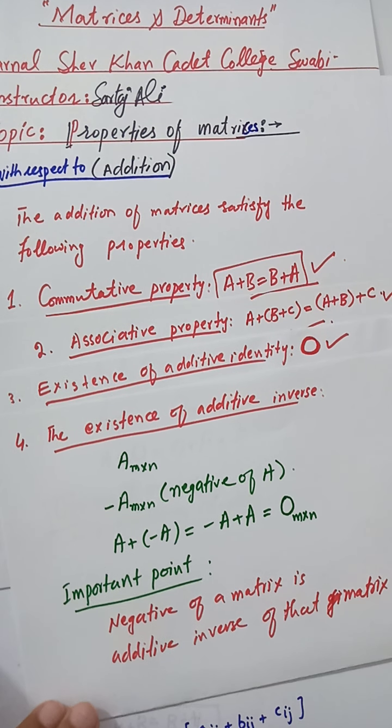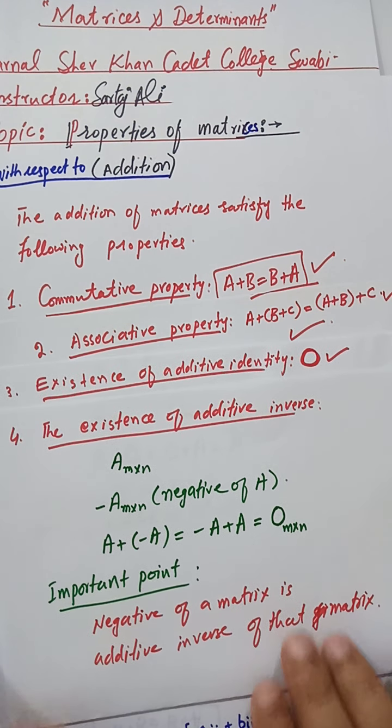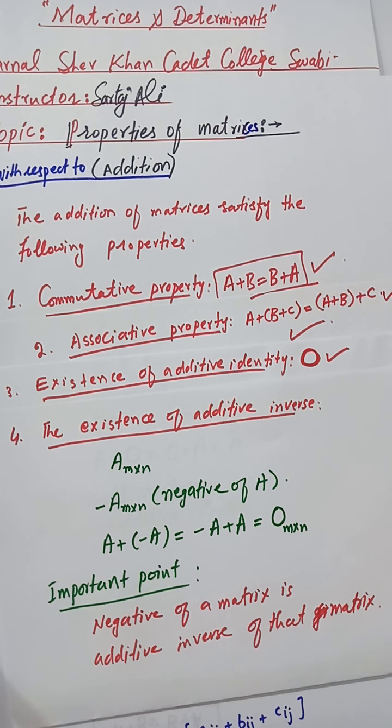So these are the properties of matrices with respect to addition. The commutative property is true for all sets of matrices having the same order. The associative property is true for all sets of matrices having the same order.